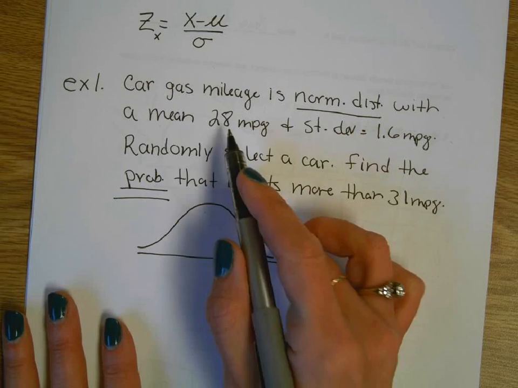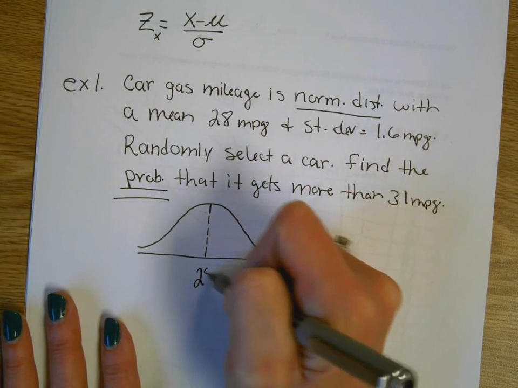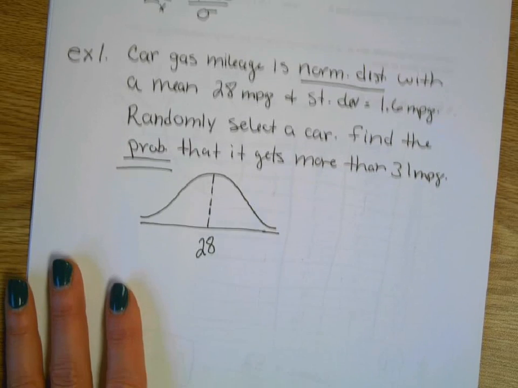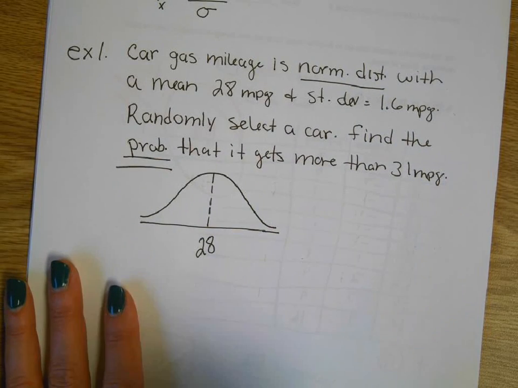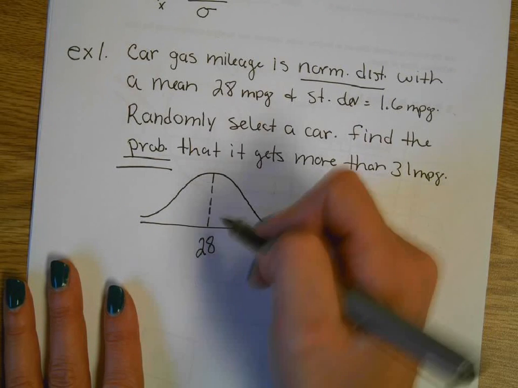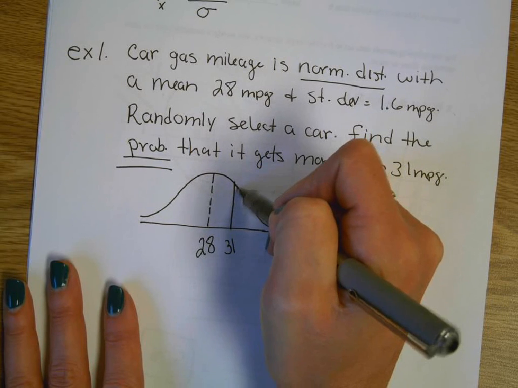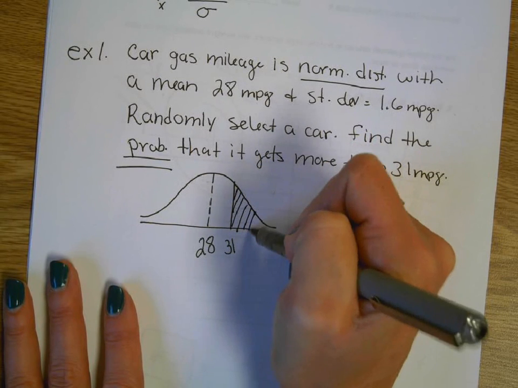The average is 28. I am looking for the probability that the car I select gets more than 31 miles per gallon. Well, 31's over here. More than would be any car in this chunk of the graph.